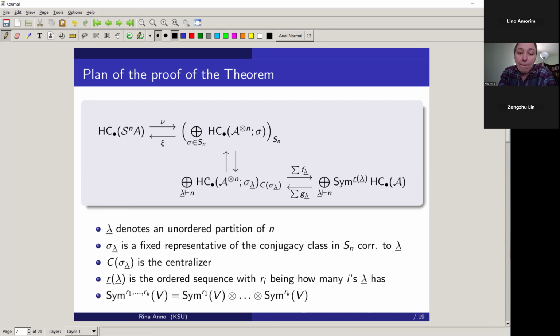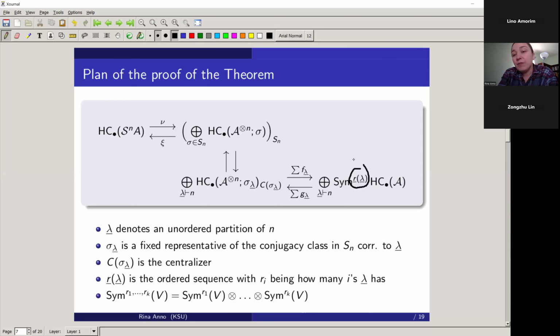And then for every conjugacy class, for every fixed lambda, we establish homotopy equivalences between this Hochschild complex of A tensor n twisted by sigma lambda, coinvariants of the centralizer of sigma lambda, and a certain symmetric power of the Hochschild complex of A. So now what's this thing?